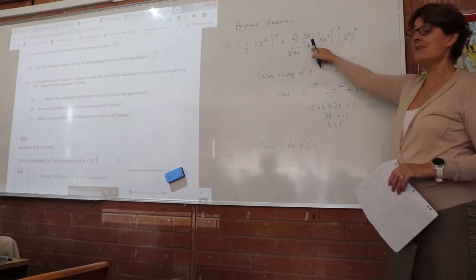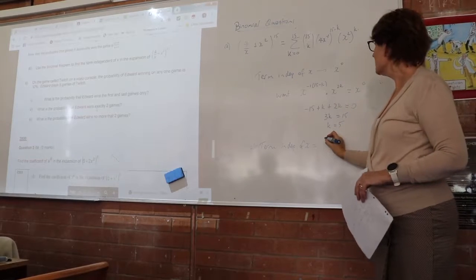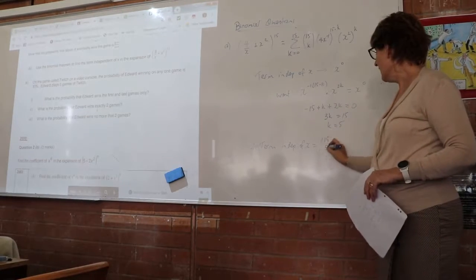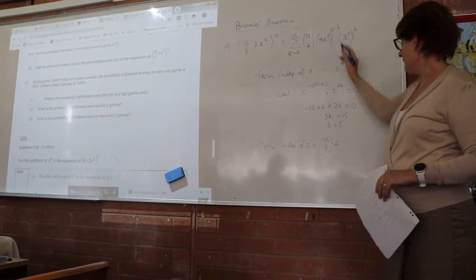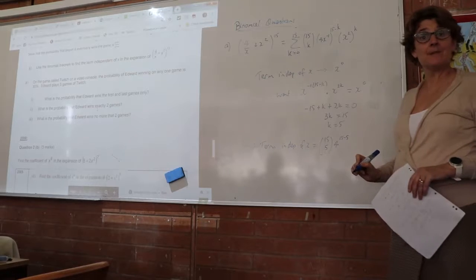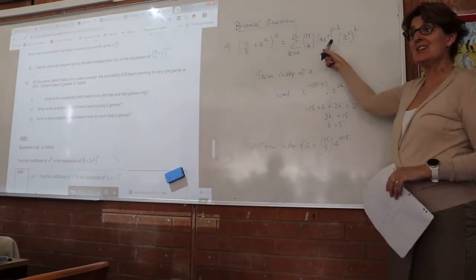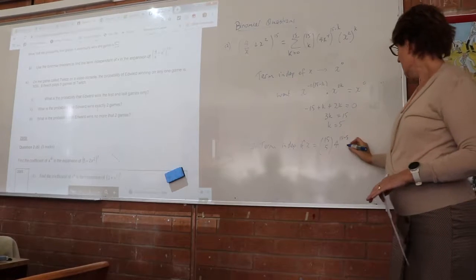But what are we going to put in for k? We're going to put 5 in. So the term is going to be 15c5 times 4 to the power of 15 minus 5, which is power 10. Now I don't need to put the x in because we're going to end up having the term independent of x. It's not going to be there anyway.